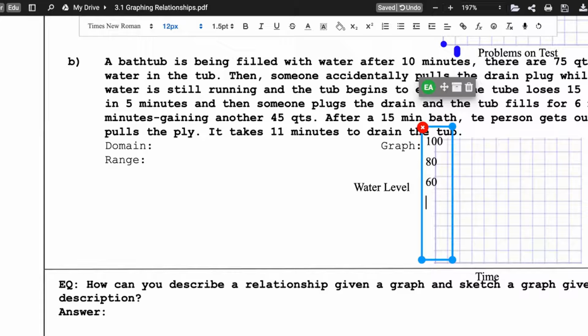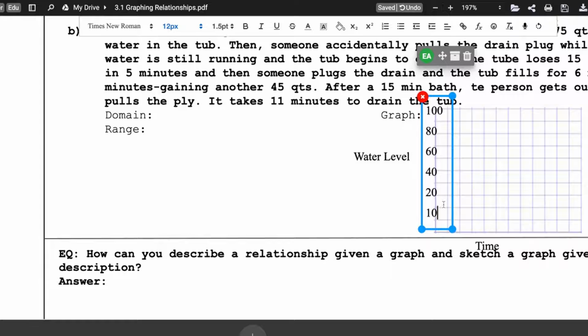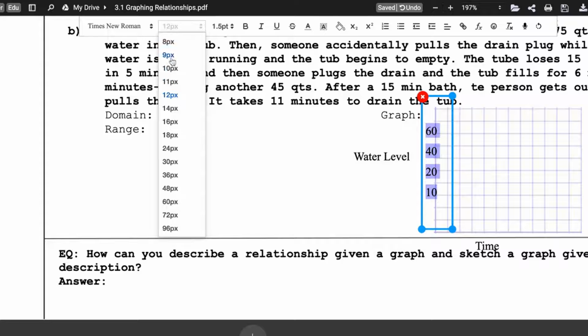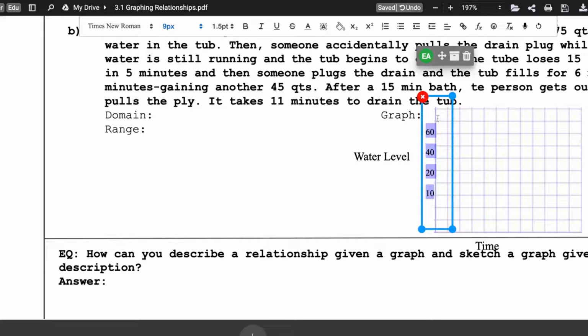And then 60, 40, 20, 10. Was that right? No, that doesn't even work out. I'm trying to figure out how I can get this level out. We just have to change the font size again. Try 9. Sorry, guys. Please bear with me.